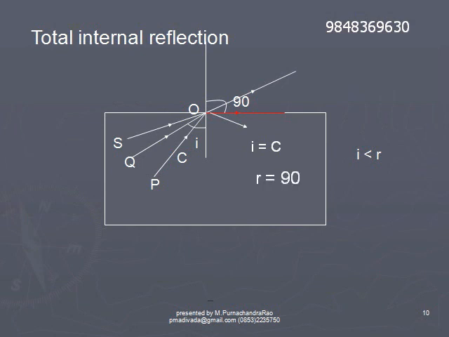So mu is defined as sine of angle of incidence to sine of angle of refraction. Generally we take the angle of incidence as the angle in the rarer medium and the angle of refraction as the angle in the denser medium. Hence we get mu is equal to sine 90 by sine C. So mu is equal to 1 by sine C.